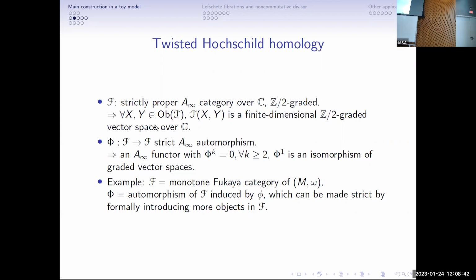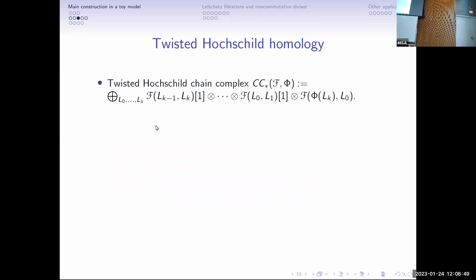So from that, we can construct some kind of open string analog of the fixed point Floer homology. That's called twisted Hochschild homology. So let me write down the chain complex which is underlying this homology theory. The notation for that is given by CC lower star of F with coefficients twisted by phi. It's more or less the standard definition of the Hochschild chain complex.